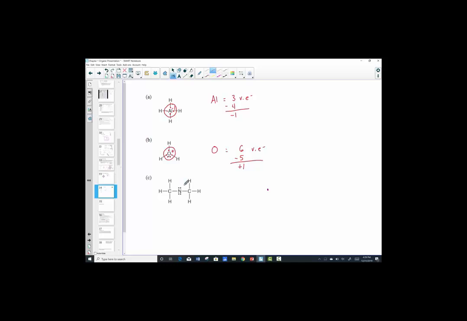And here I can see that nitrogen, who lives in group 5A, so 5 valence electrons, and inside this circle there's 1, 2, 3, 4, 5, 6 dots, 6 assigned electrons, making it have a -1 formal charge.